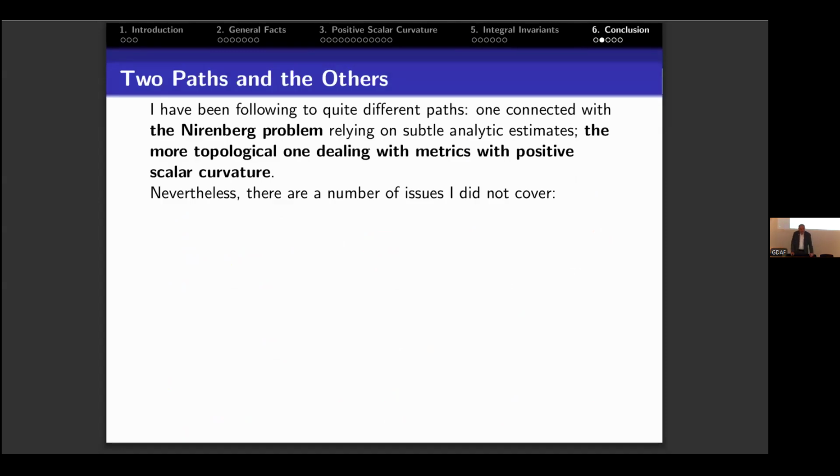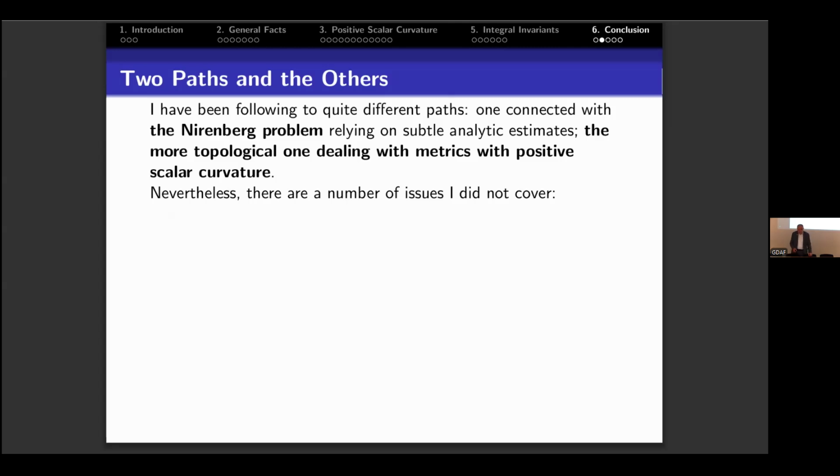So you see, I've been following different paths. I showed you that there was a very intricate mixture of differential geometry, topology, and also actually infinite dimensional analysis in some way. And typically, if you want to solve the Nirenberg problem, which is to find a metric in the conformal class which has constant curvature, then you need very subtle analytical estimates, which, for example, allow you to solve the problem on the projective space due to work of Moser, and not on the sphere.